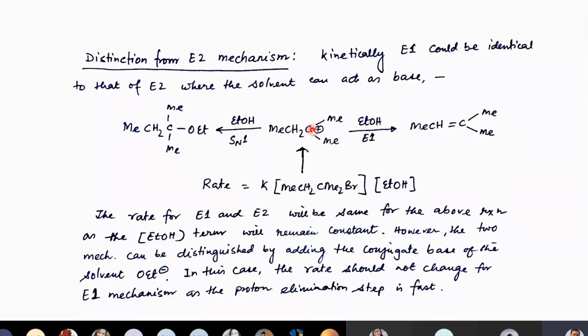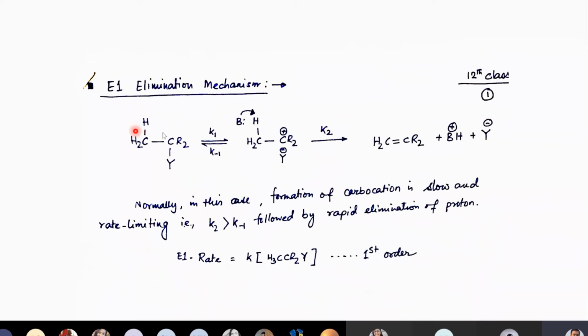If the formation of this carbocation is in the rate-determining step, changing the base would not matter for your reaction because it is the first step in this pathway. So K2 is very fast, so it does not determine your rate of reaction, but what determines it is the carbocation generation. So if you change the base, the rate does not change.